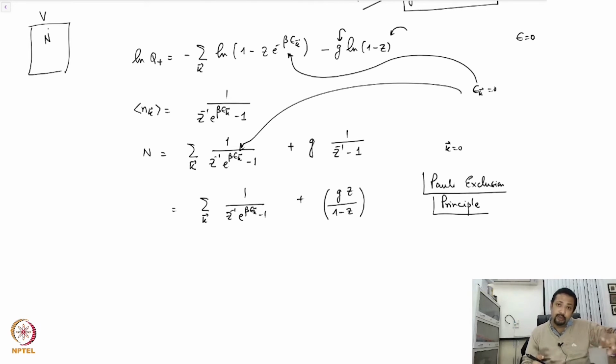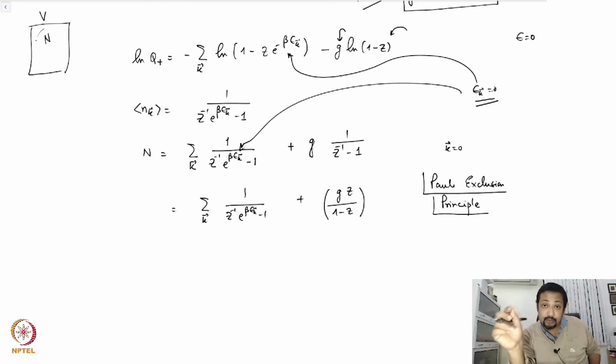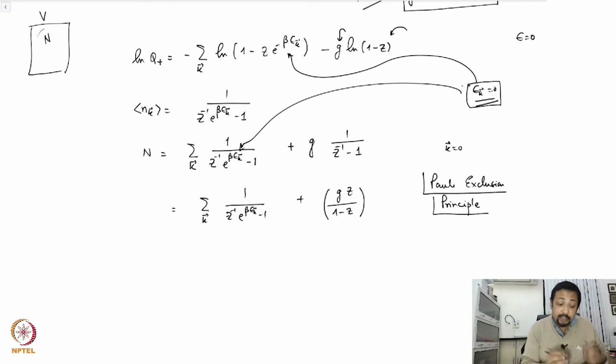If you keep decreasing temperature, they are going to sit at this energy level. So a substantial number of particles can be sitting at epsilon k equal to 0, the zero energy level, but your partition function as well as this expression does not take that into account, right? Because g epsilon vanishes as epsilon goes to 0, it is precisely why you have to take care of this very carefully.